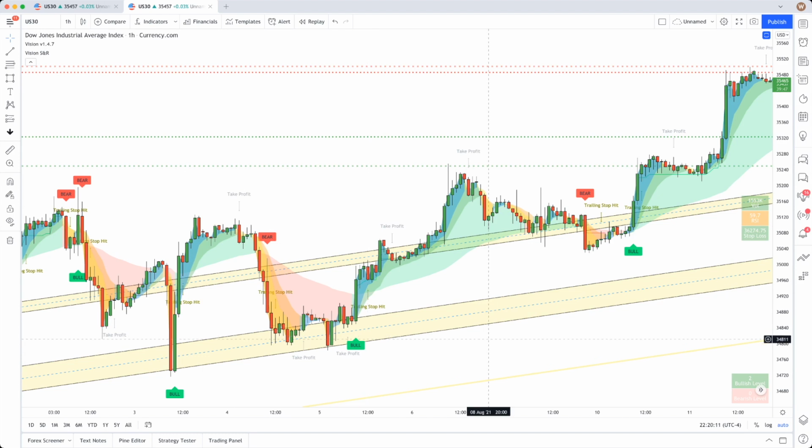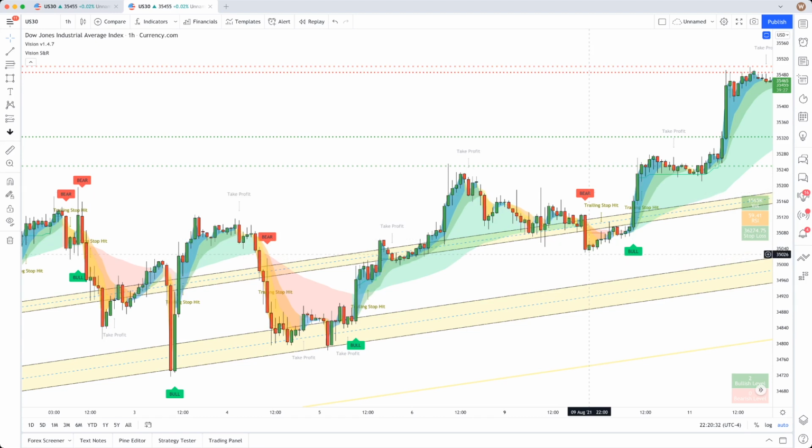Boom, boom, boom. And again, pay attention to these take profits. Because right here, it didn't tell you to sell. Most likely because people weren't very confident in selling as it approached this main trend line. So as you saw it break through that main trend line, then the bear signal popped up.